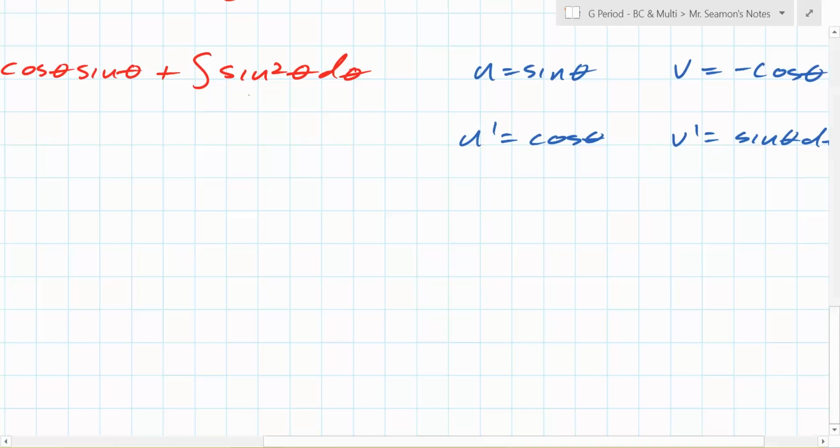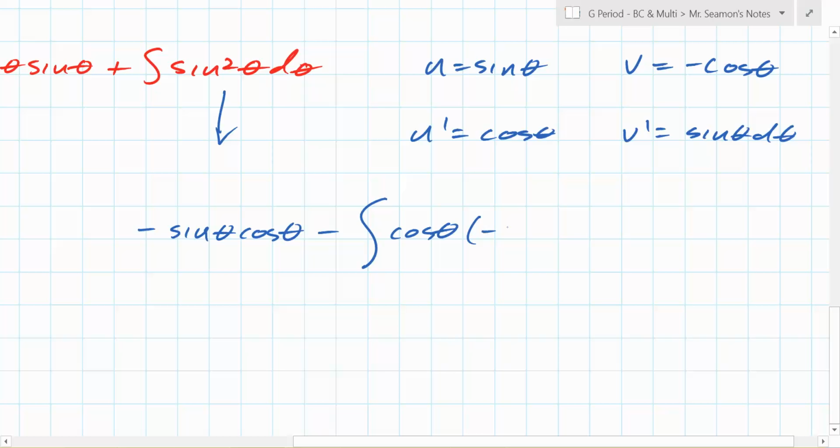So now you know that this right here is going to be equal to u times v, which is negative sine theta cosine theta, minus the integral of cosine theta times negative cosine theta d theta.